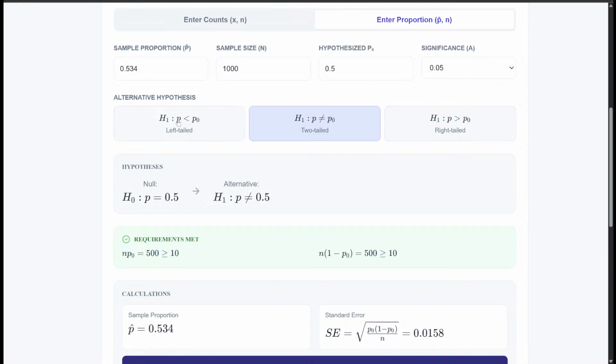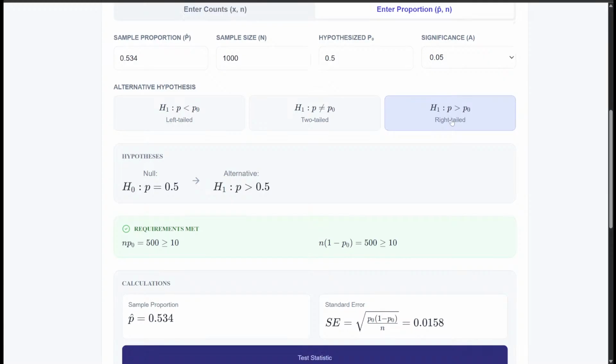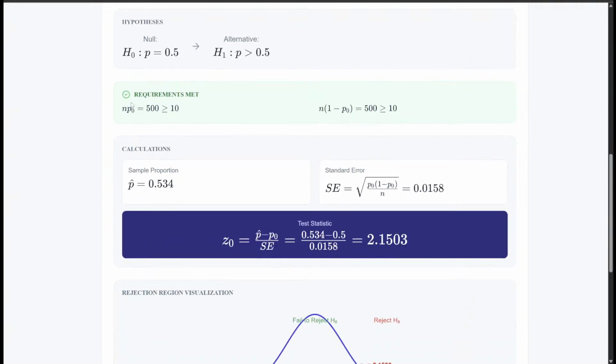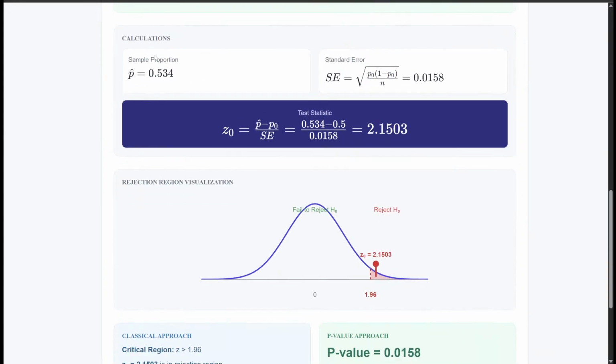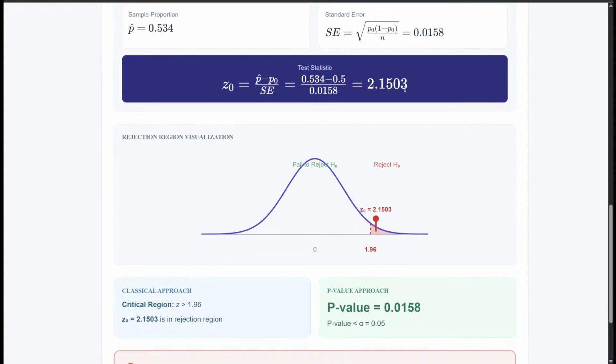We would set up my hypothesis to be whichever way, my alternate hypothesis is the way that I want it. So in this case, I'm going to look at greater than. So I'm going to look at a right tail test. This will do the calculations there to make sure that it actually works, that they're above 10. It will figure out your standard deviation. Notice my 2.1503 is still there.